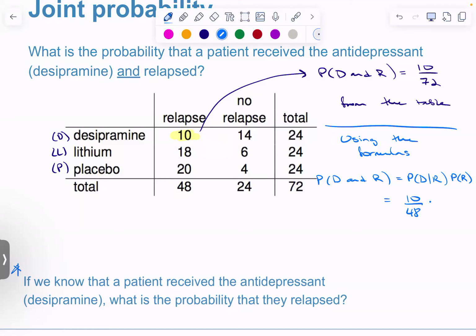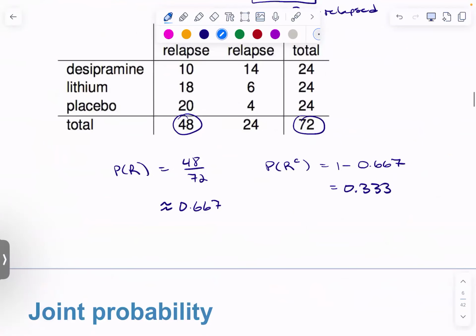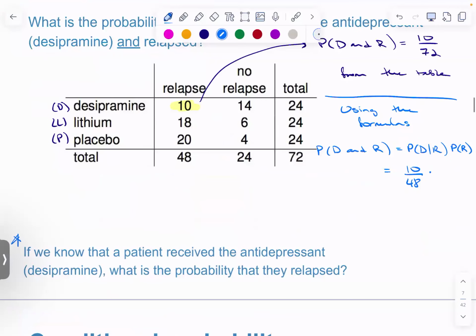And the probability of relapse, I'll use the 48/72. If I use the fraction, it'll cancel. If I use the rounded value, it won't cancel as nicely.